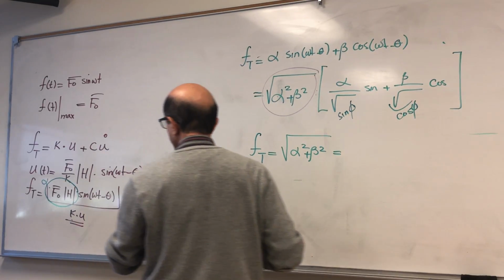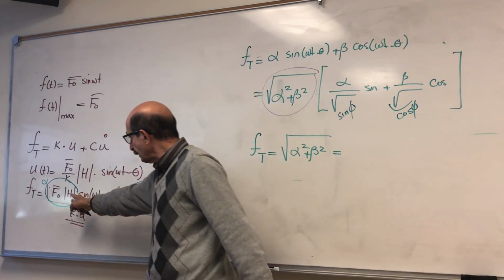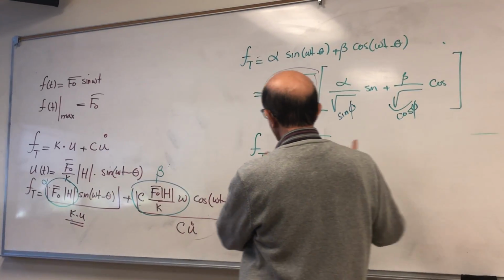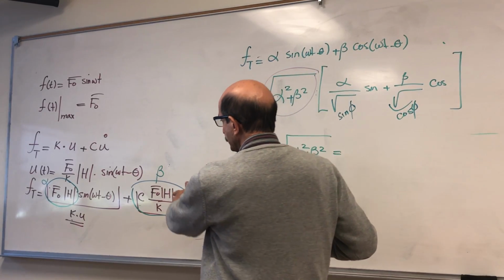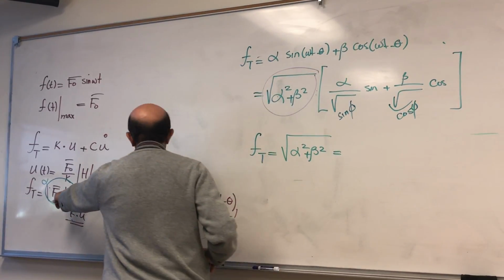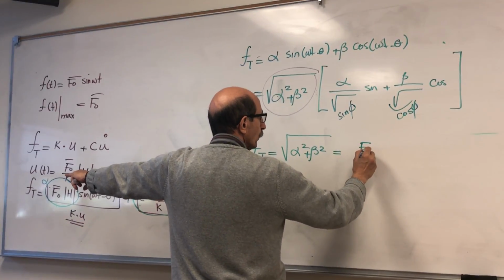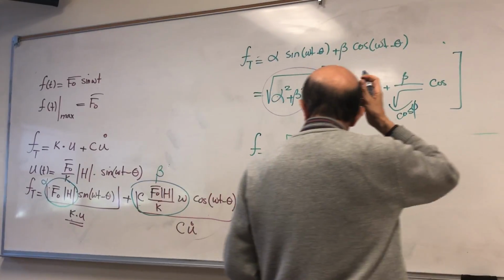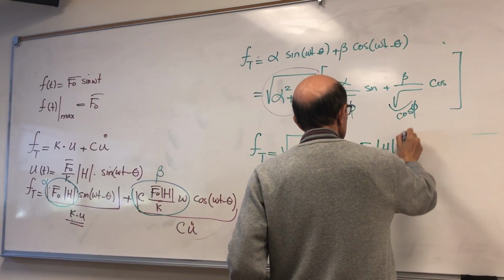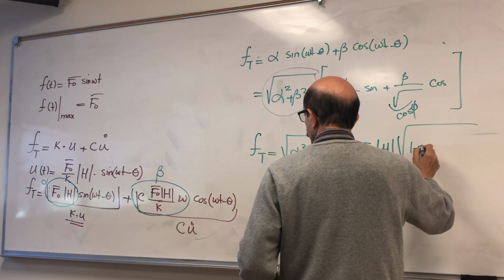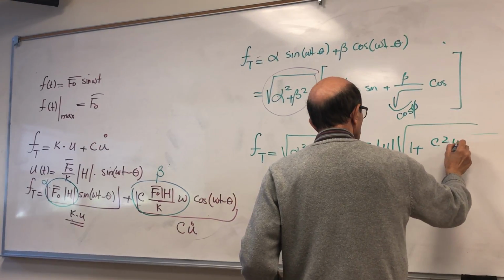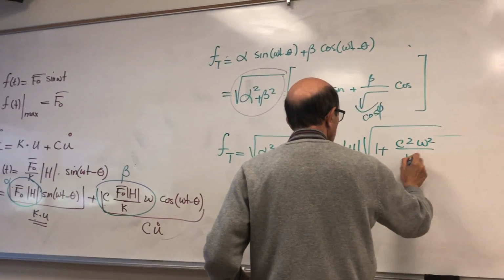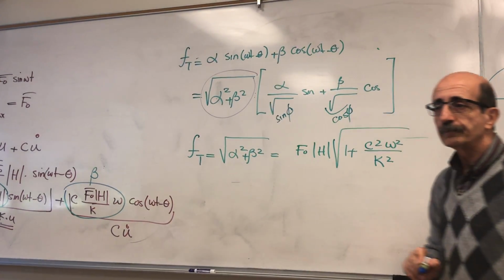This is alpha, this is beta. So if I square those and add them up, this F0H is common, so F0H comes out, and you get the square root of 1 plus c squared omega squared over k squared. Okay?